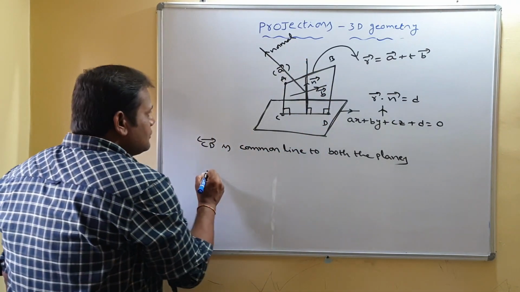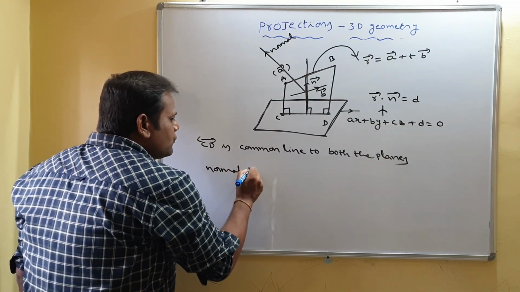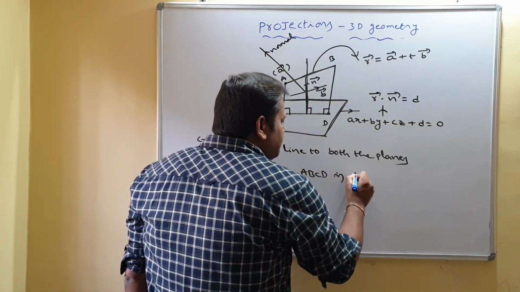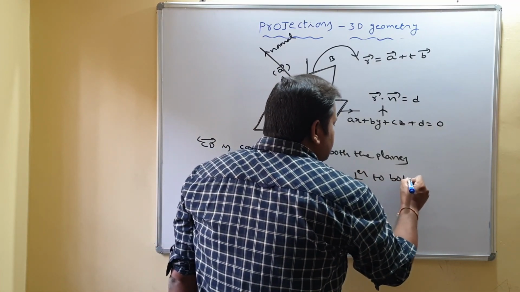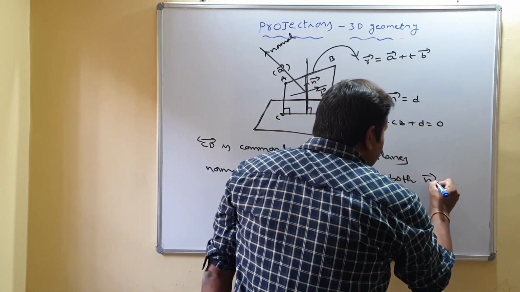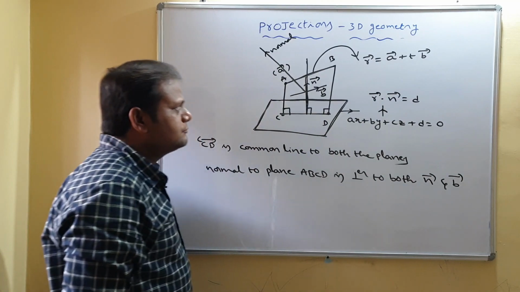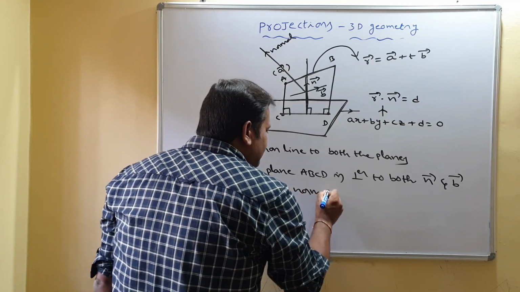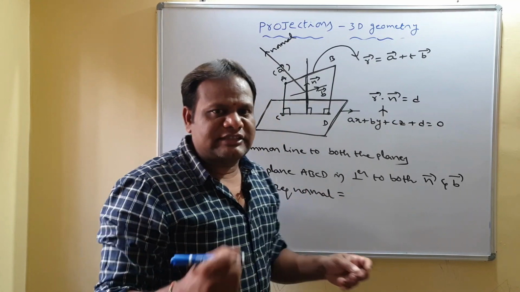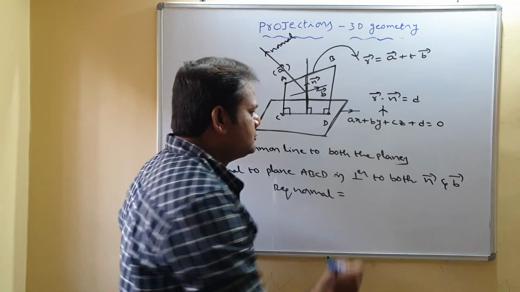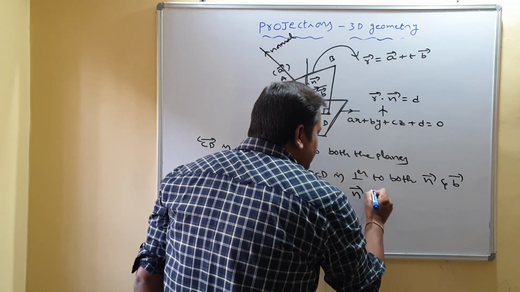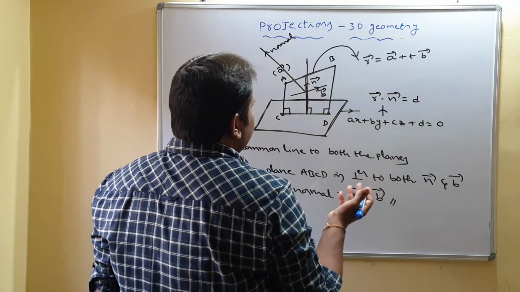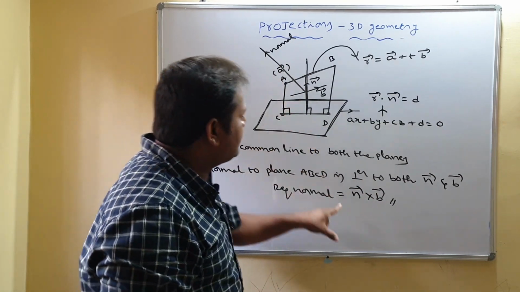So the normal to plane ABCD is perpendicular to both n bar and b bar. You know that the vector perpendicular to both x bar and y bar is x bar cross y bar. So here it will be n bar cross b bar. So the required normal is n bar cross b bar. We know one point on the plane and we have the normal.